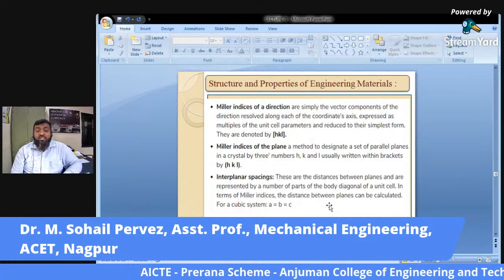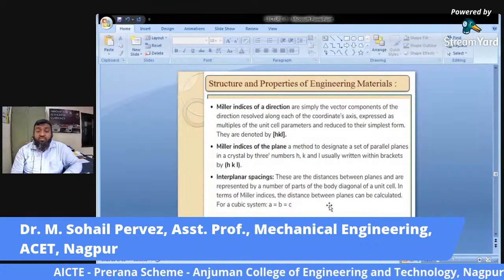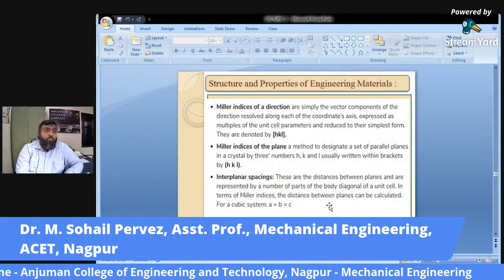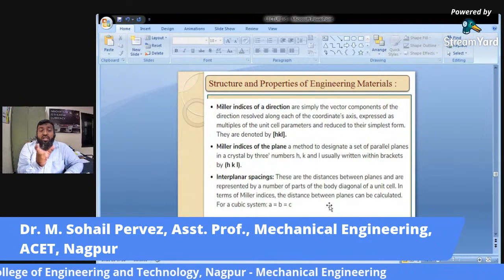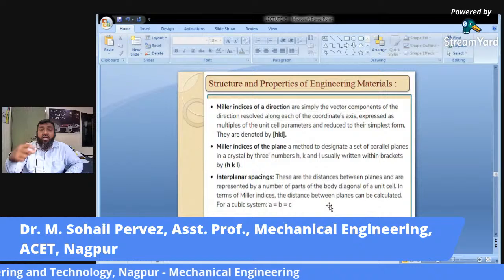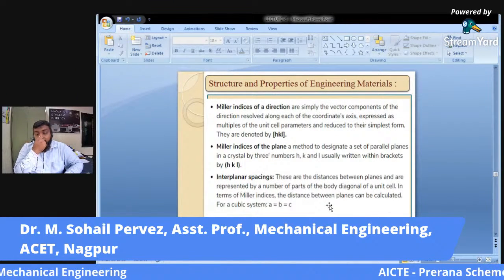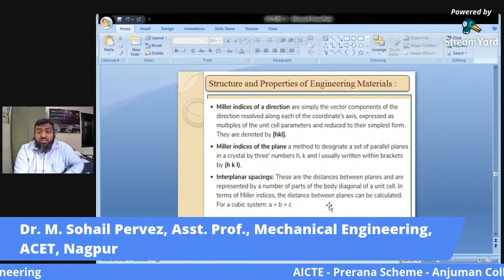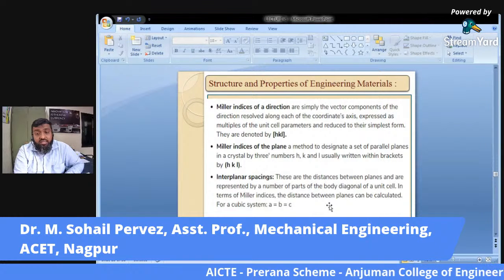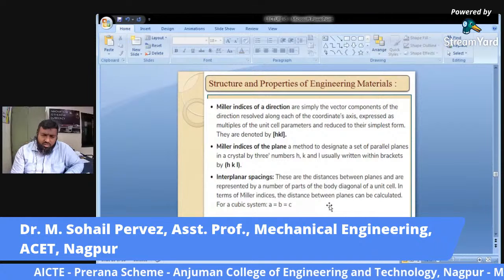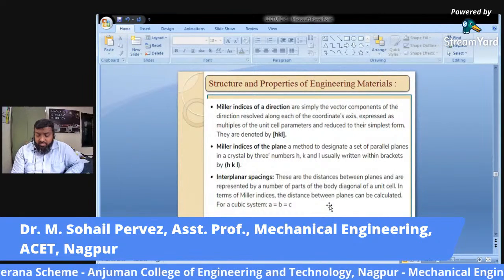So, in terms of Miller indices, the distance between planes can be calculated for the cubic system where A equals B equals C, because in a cube the length, the height, and the width are the same, A, B, and C. That's why the interplanar spacing can be written as A upon the square root of H squared plus K squared plus L squared. For the cubic system, for triangular, or for other geometries also, we can have the formulas.